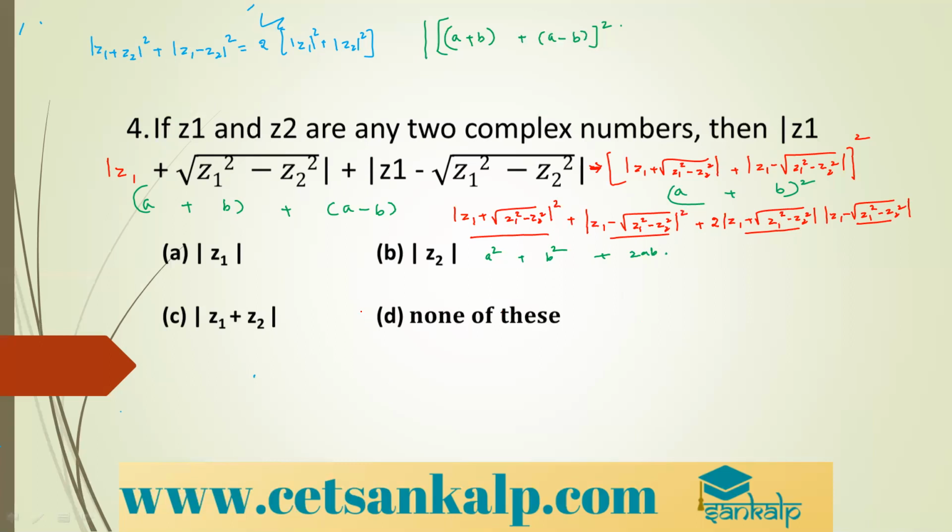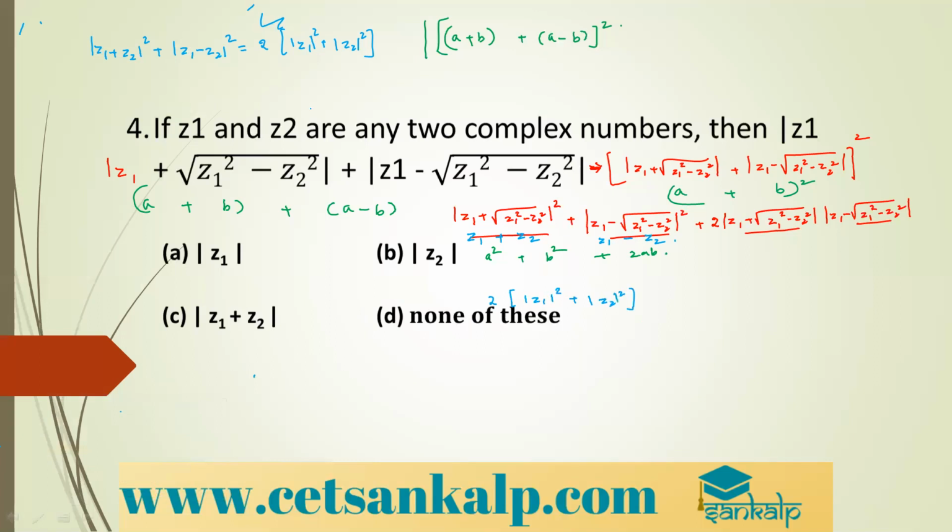Now, here only lies the trick. What to do will be lying here. So, when you do this, we will be using the above formula what I wrote here. This is Z1 plus Z2 square plus Z1 minus Z2 square. So, what should I have? 2 times Z1 square plus Z2 square.